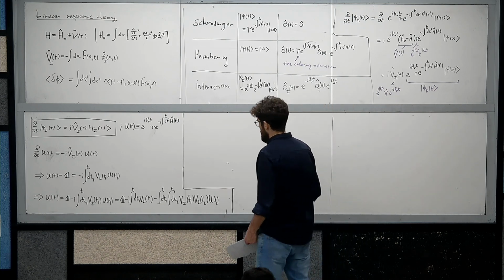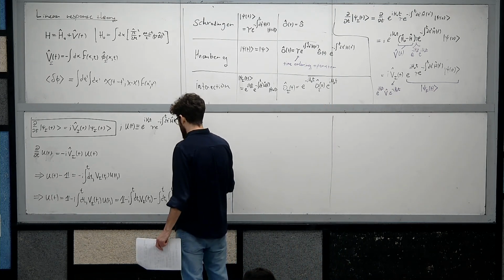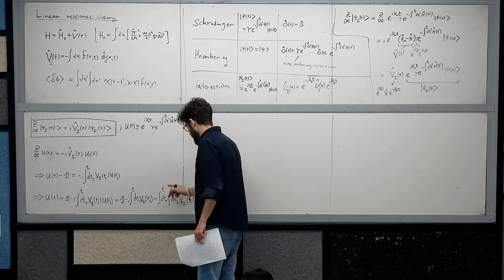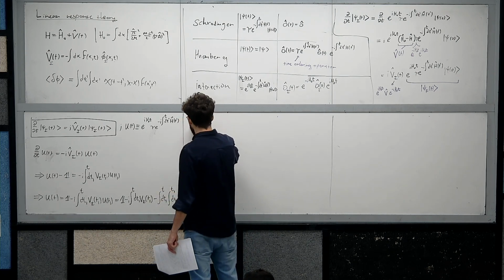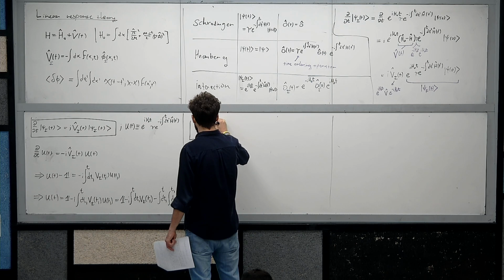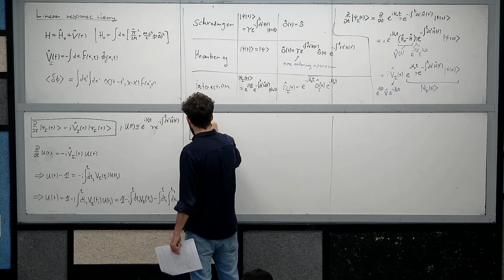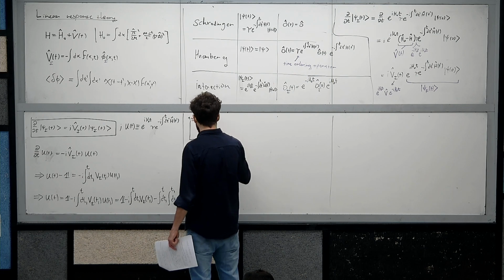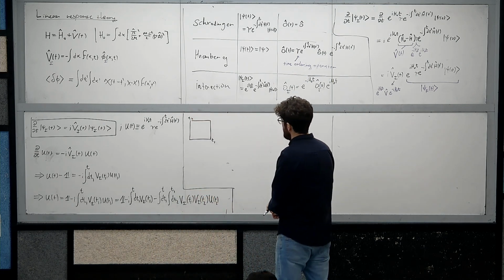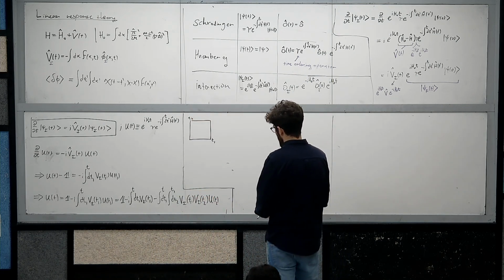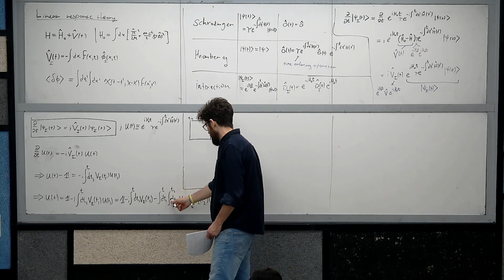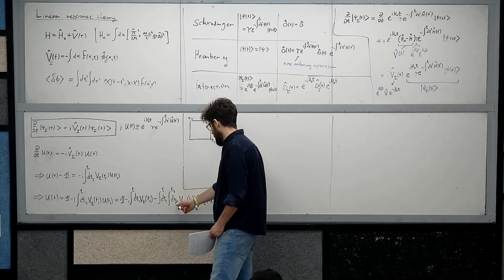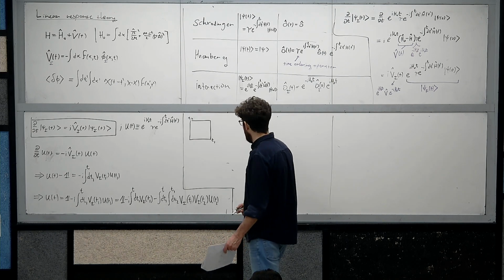And then there is this well-known idea that if we look at this expression here, we're integrating over t2 and t1, and the point is that t1 is always larger than t2.